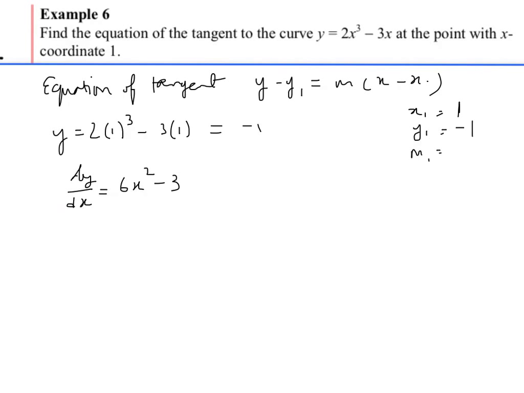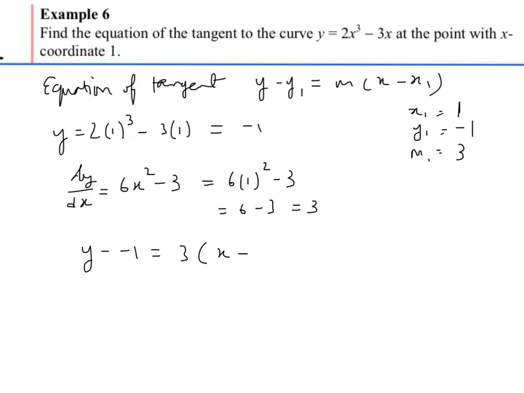And if we then substitute x equals 1, because it's the gradient at that point, when x equals 1, then we have 6 times 1 squared take away 3, which is 6 take away 3, which equals 3. We put that in there. So y take away minus 1 equals 3 times x minus x1, which is just 1.